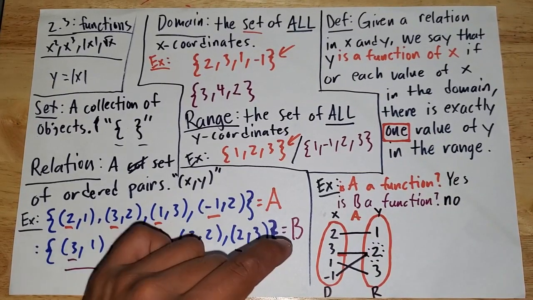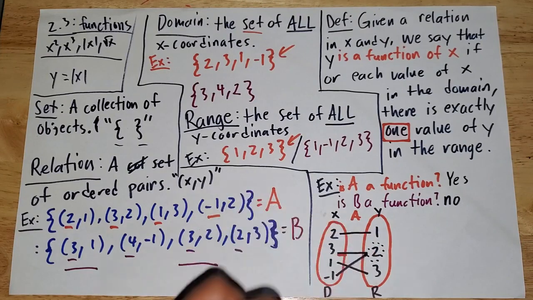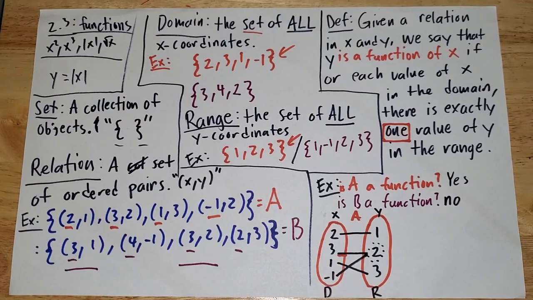Even though they're going to the same one, that's perfectly fine. It's in the wording. It's going to the same 1, so it's only going to one of them. That's why this is okay. You can have all of these go to 1, and that would be perfectly fine.